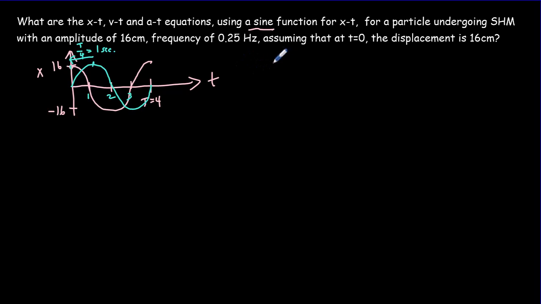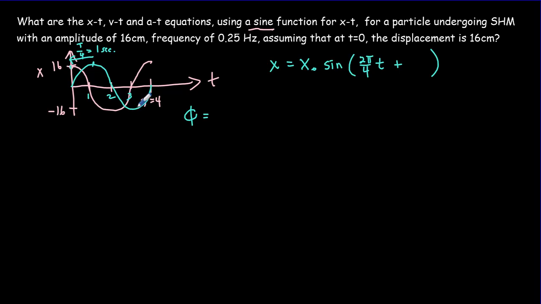So our equation for displacement will be equal to the amplitude, or maximum displacement. We're told to use a sine. Omega t, well, omega would be 2 pi over the period, and the period is 4, and we multiply that by t. And then we've got to add on the phase angle. For the phase angle, we're talking about 1/4 of a period, 1/4 of a cycle.